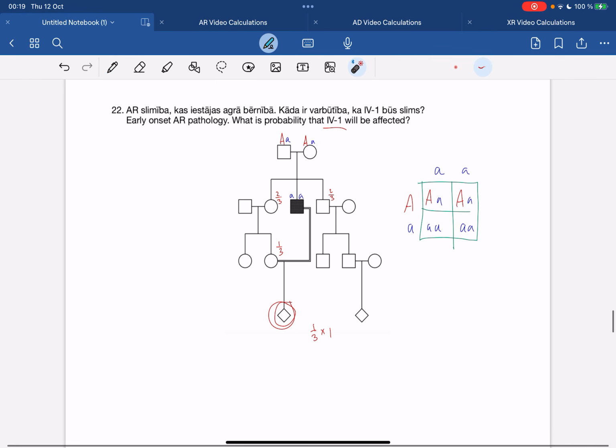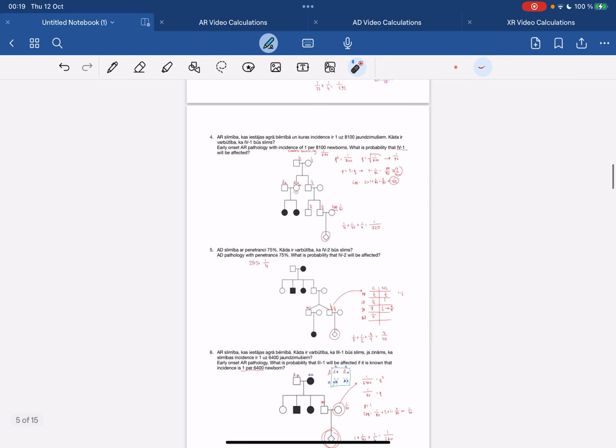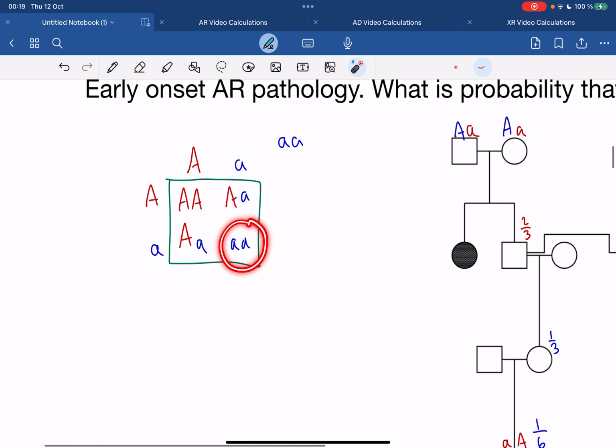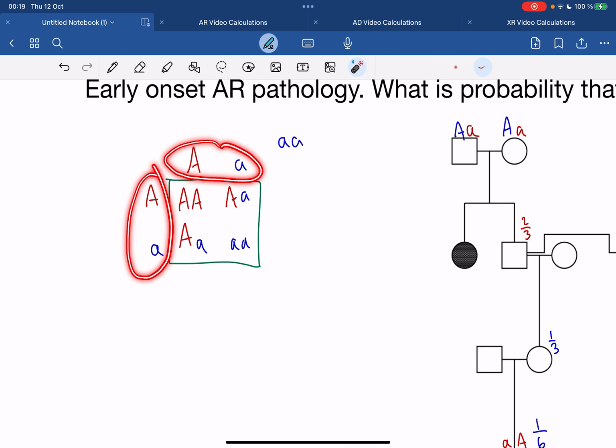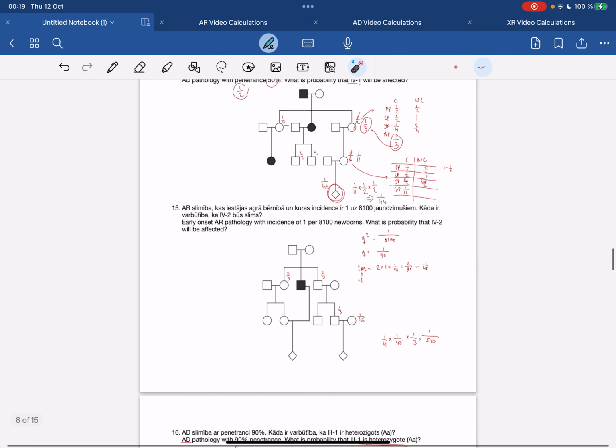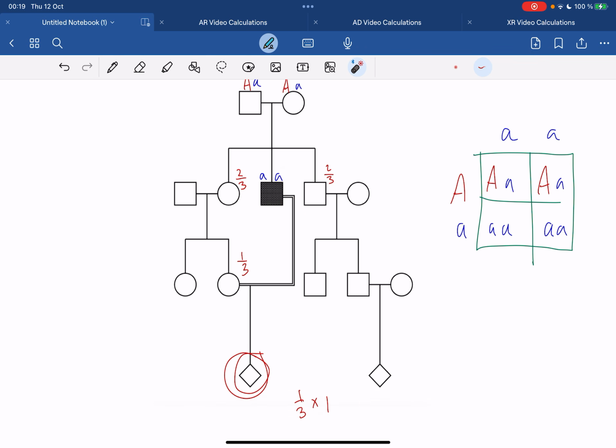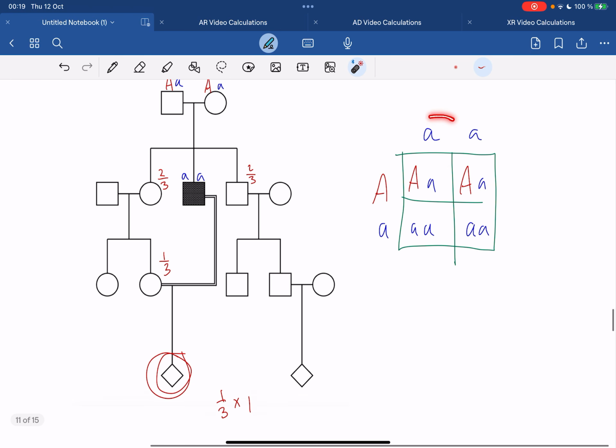So even though you may assume that in autosomal recessive, it's always a 1 in 4 chance for the child to be affected, just like this, that is in case both parents are heterozygous carriers. In our case, right here, the father is homozygous and affected. So it will look like this. And now, the father will 100% of the time give the recessive allele to the child.